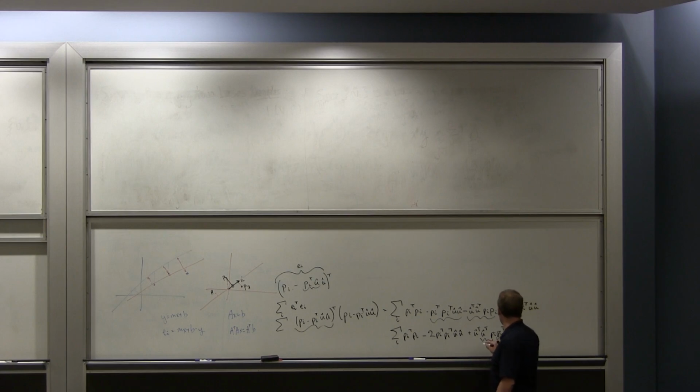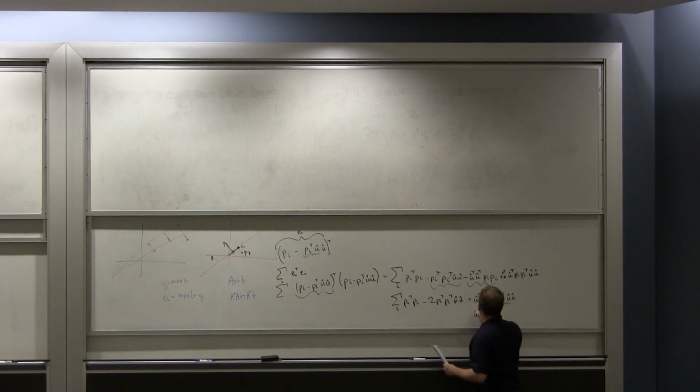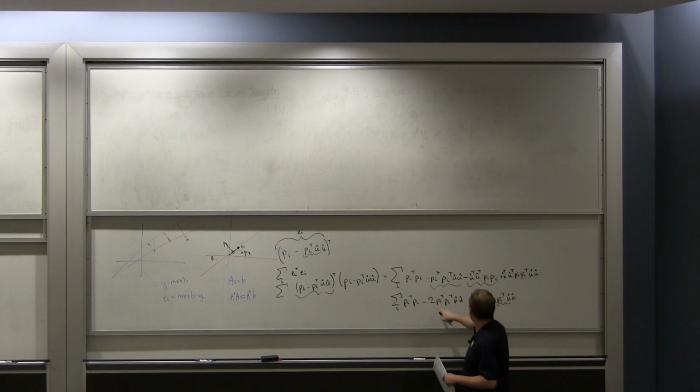So this was going to be just u^T p_i, and that's a scalar, and it's going to be this squared. And this guy is going to be the same thing because this is a dot product, which gives me a scalar. And this is going to be a dot product then, which gives me a scalar.